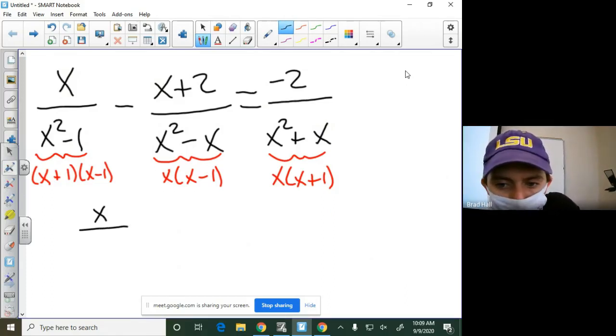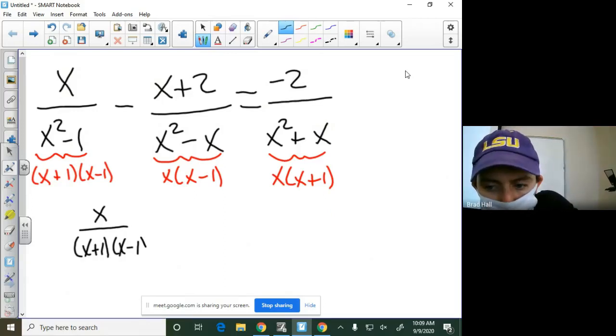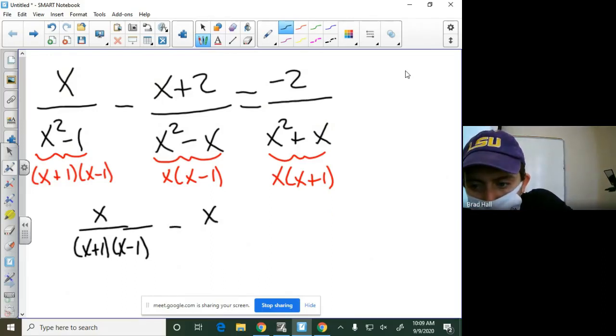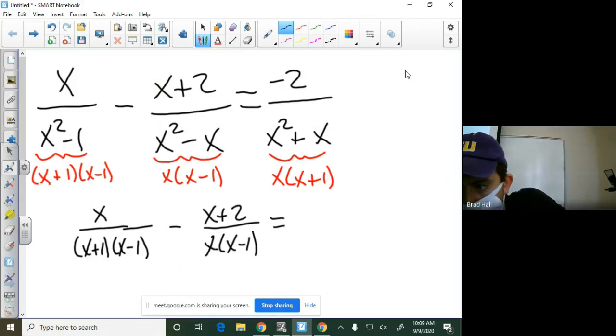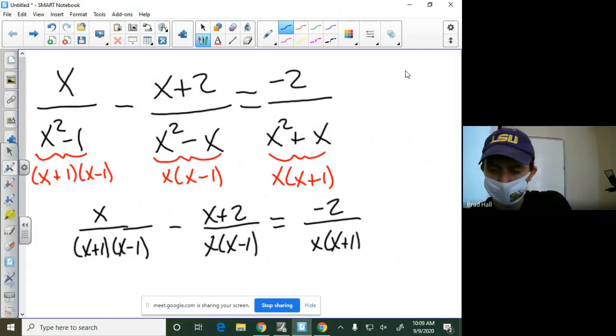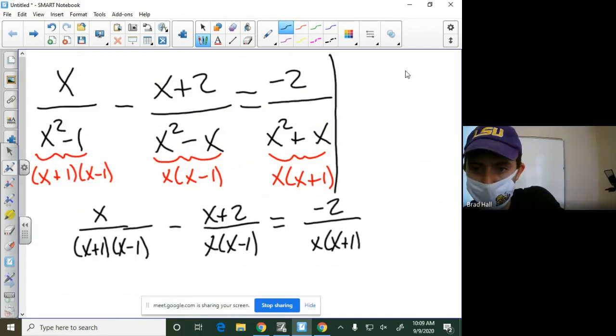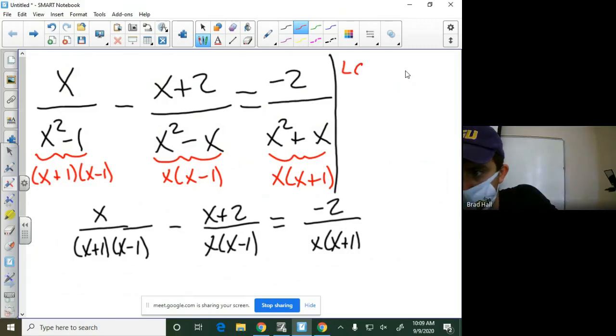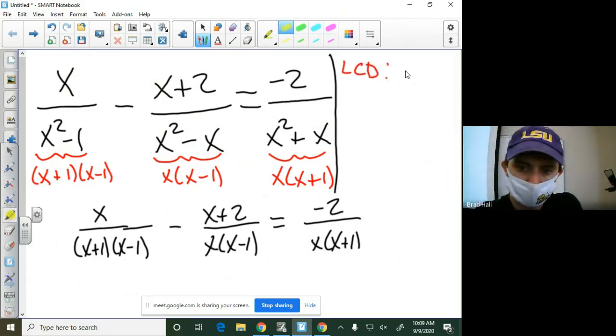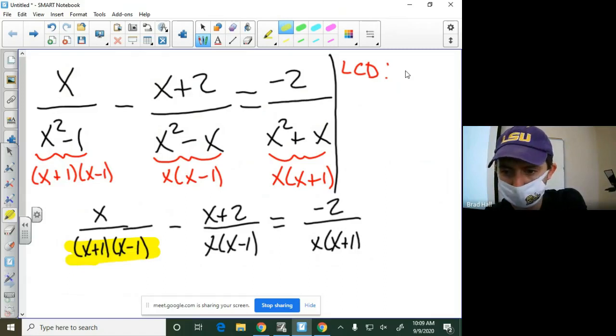So I'll go ahead and rewrite it with all the corrected denominators. And simultaneously, let's figure out what the least common denominator is. Well, we have 3 denominators: x plus 1, x minus 1, x times x minus 1, and x times x plus 1.